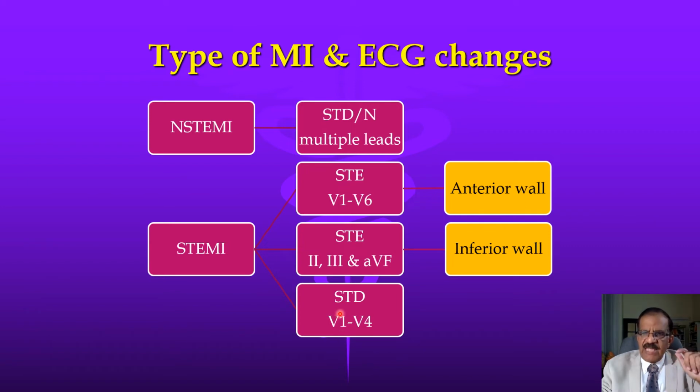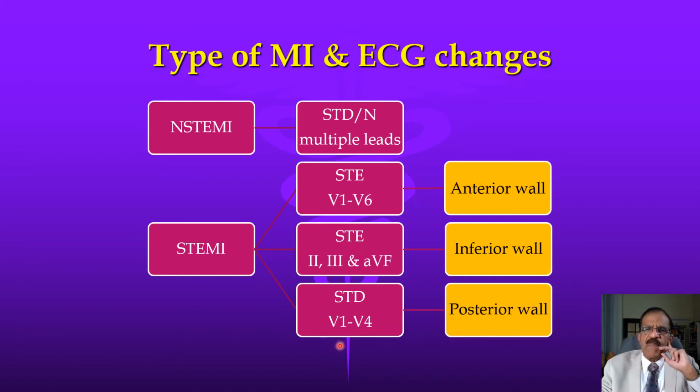So if there is ST depression in V1 to V4, in a person who has symptomatic acute coronary syndrome and trop T is elevated, then it would represent true posterior wall infarction. So I think this is the theory part. We will practice on ECGs. This should give you some idea how we localize infarction based on the distribution of ECG changes, in which leads the changes are present.